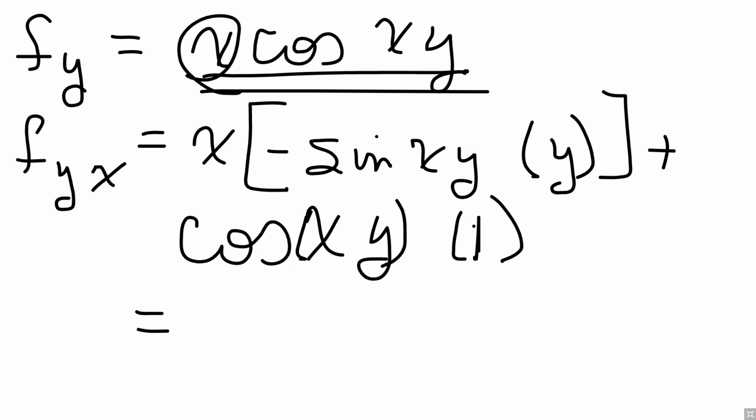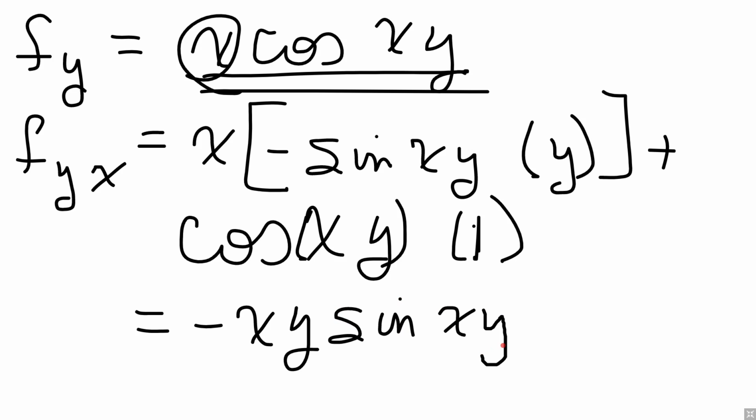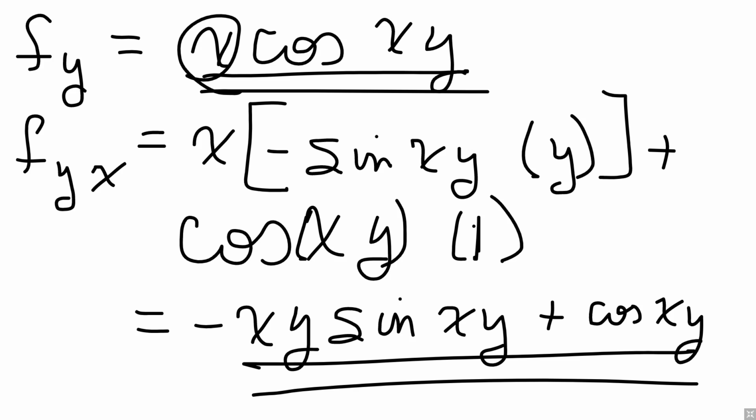If I clean this up, I end up with negative xy times the sine of xy, plus the cosine of xy, which is the exact same derivative that we just got. Any questions?